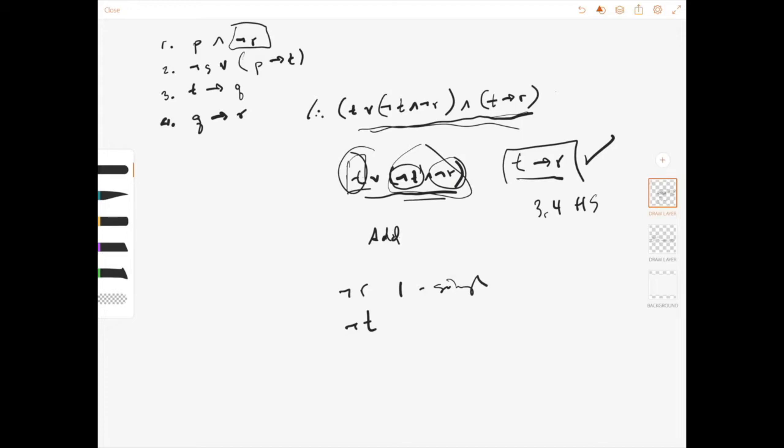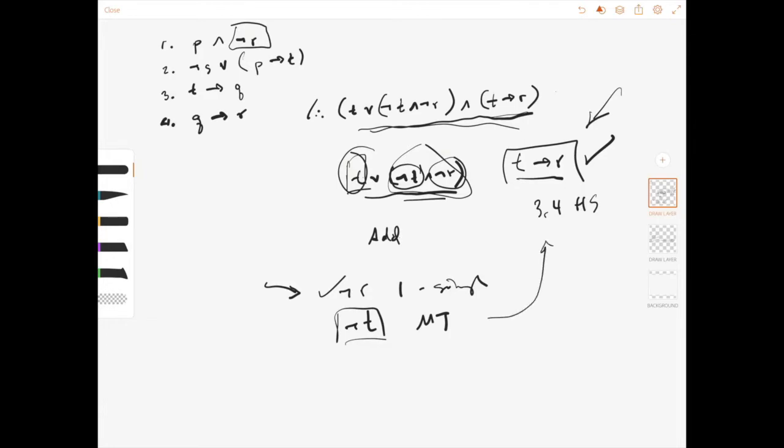So our question is, we have not R without any problem. Let's see if we can find a way to get not T. And here's an interesting thing. Since we know from this step that we can get T implies R, and we know from this step that we can get not R, then we can pretty easily derive not T if we do this hypothetical syllogism first and then use not R to do modus tollens.